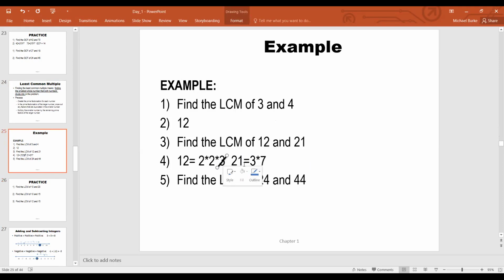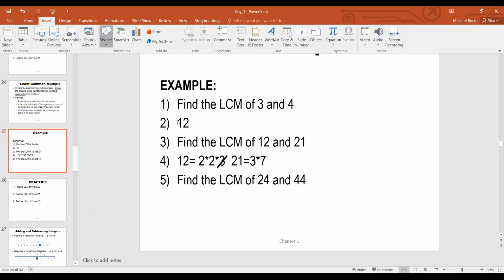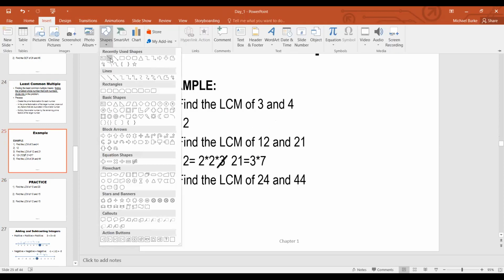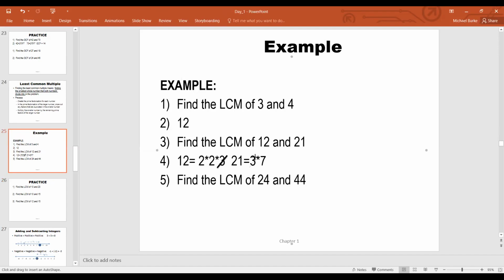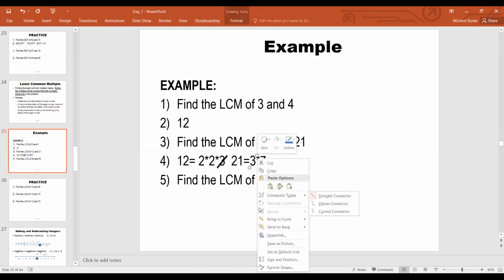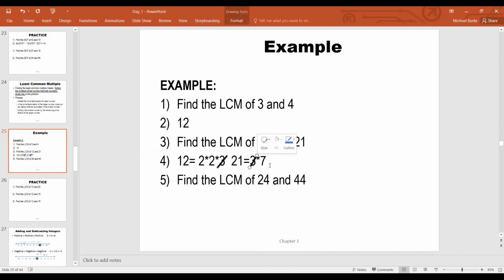like that, and we will cross out the 3 over here. Okay, so that gives us 2 and 2 and 7, or 4 times 7, which is 28.